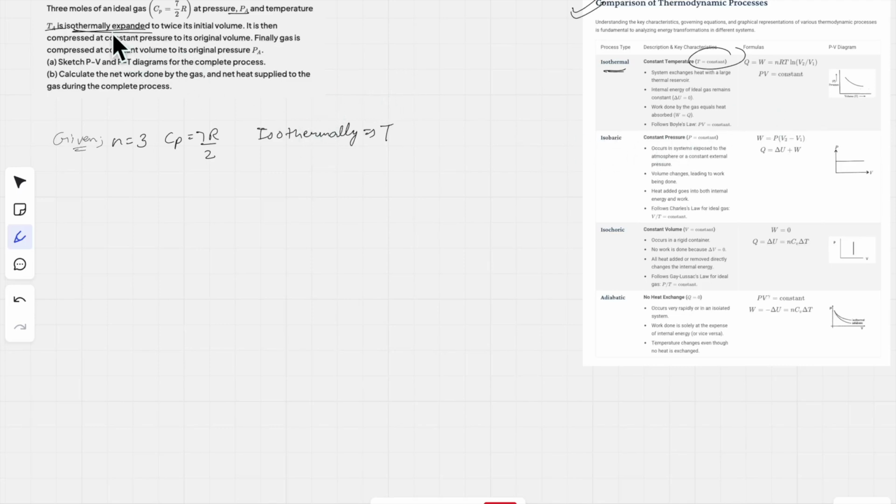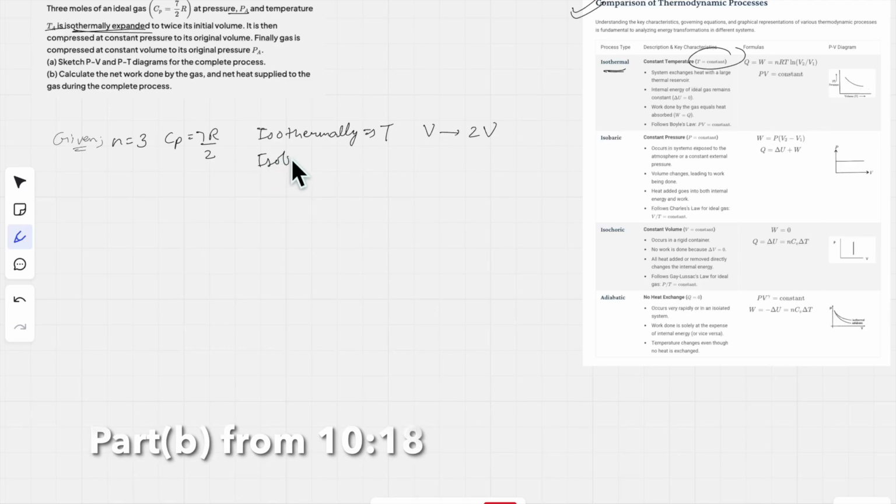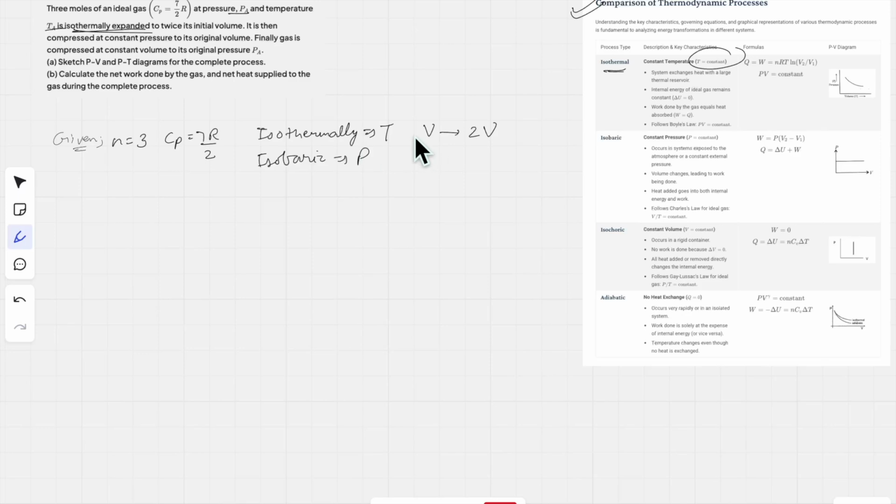So firstly, there are 3 steps in this question. Very firstly, we have done isothermal expansion and my volume is expanded from V to 2V. Then it is compressed at constant pressure to its original volume. So my next step is isobaric, which is at constant pressure, and it is compressed back to its original volume.